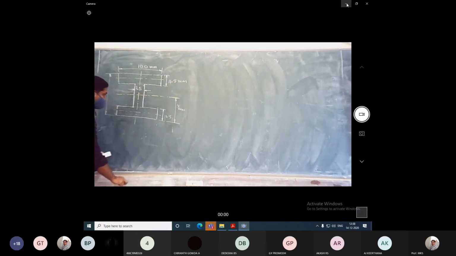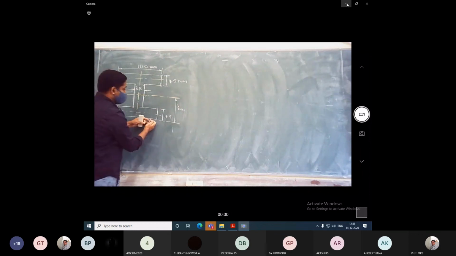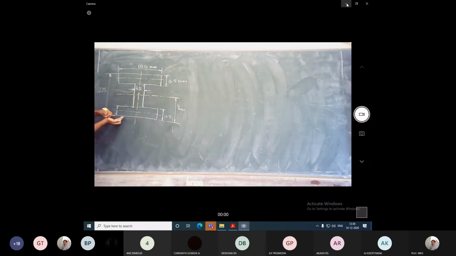You can consider the same. Just for your note, you can write it as a reference note. Any sketch, if it is given, if it is unsymmetrical, first take some reference axis with respect to the bottommost fiber and to the left.